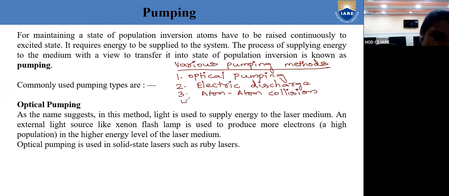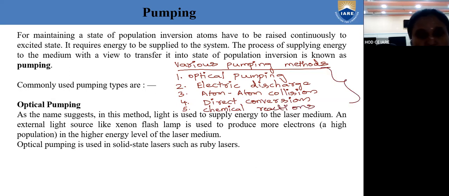And fourth one is direct conversion. And fifth one is chemical reactions. So these are some of the methods of pumping.